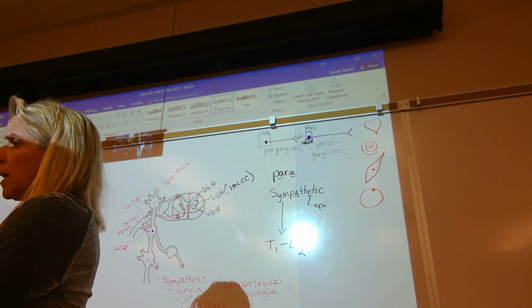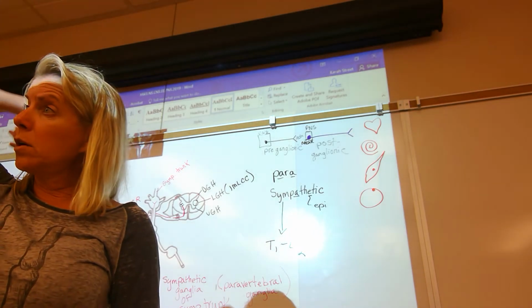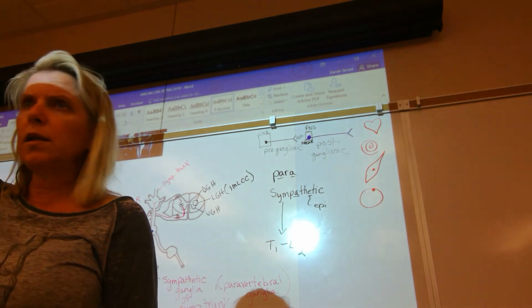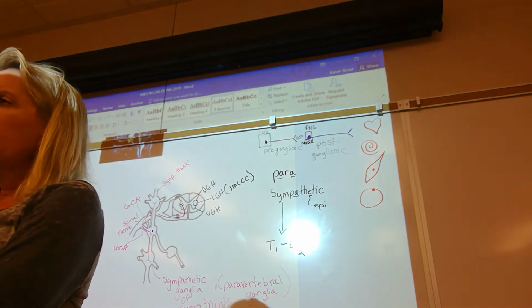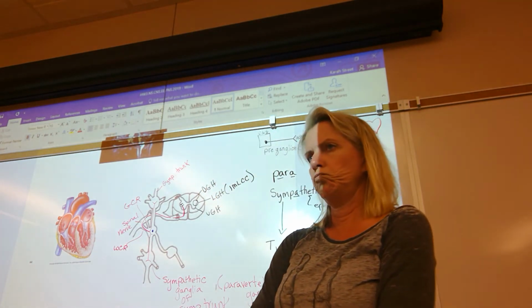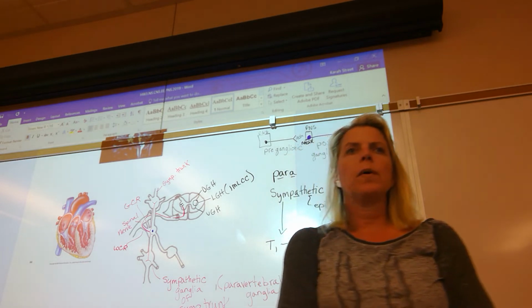So gray communicating rami are found all along the spinal cord, all levels. Gray is always present. White, you would only find at T1 through L2.